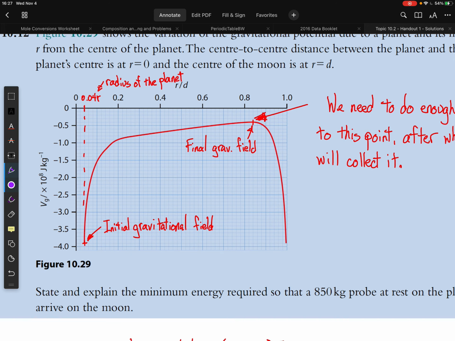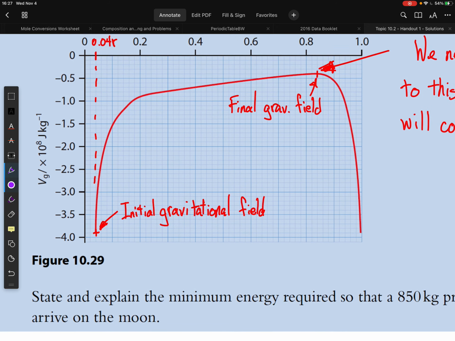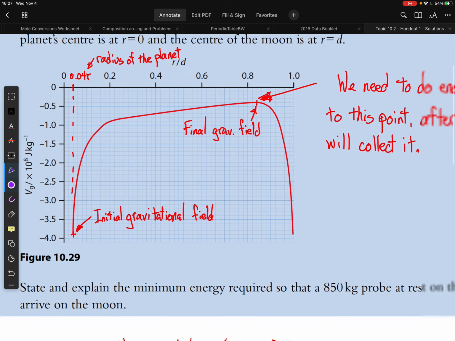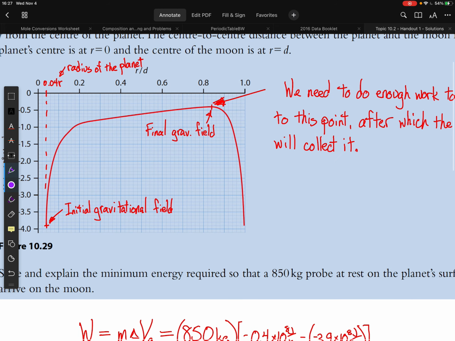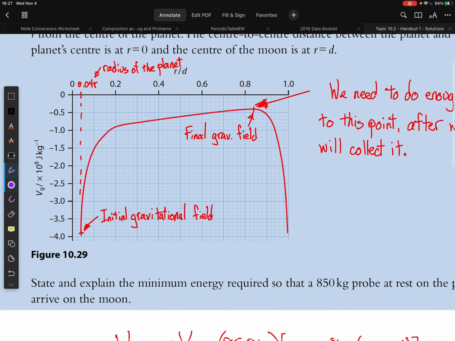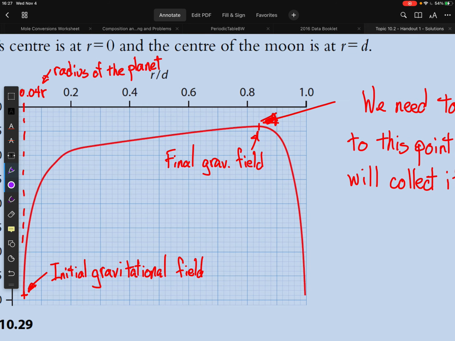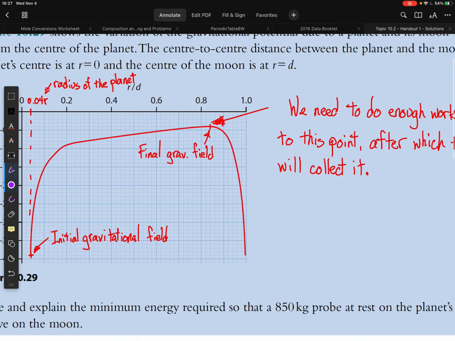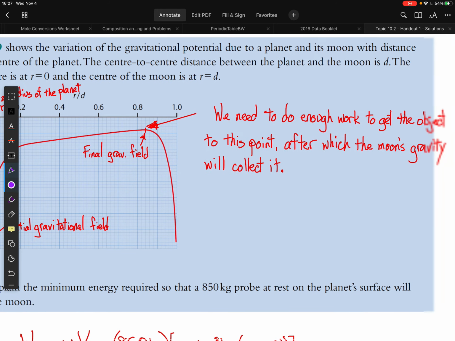So we start from this point, negative 3.9. You wouldn't be blamed if you said negative 4.0. That would be fine. We start with negative 3.9 or negative 4.0, and then we go over to the other side, and we need to identify this point.